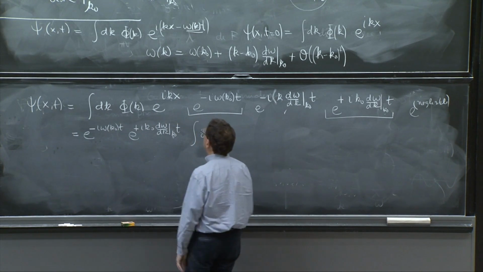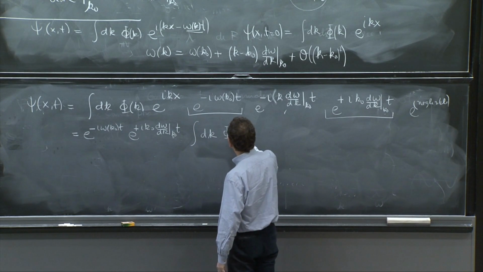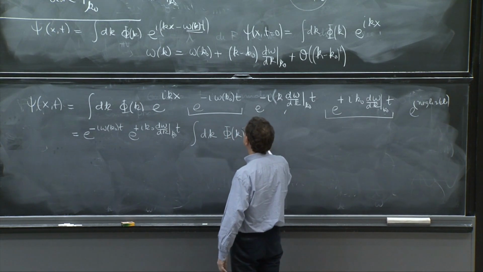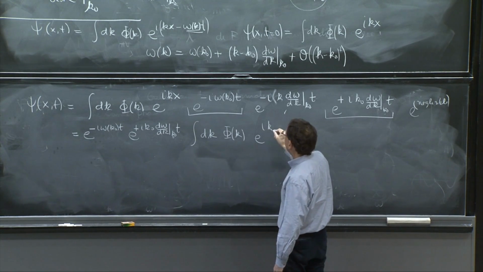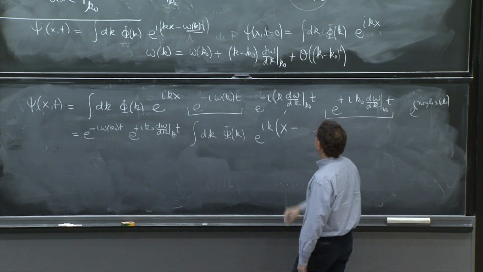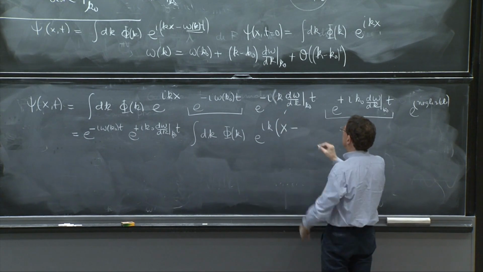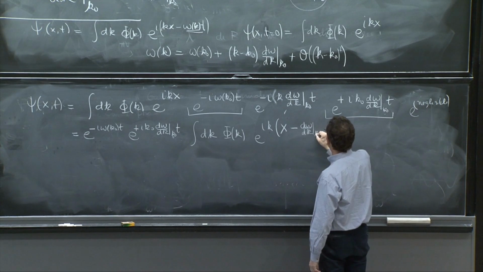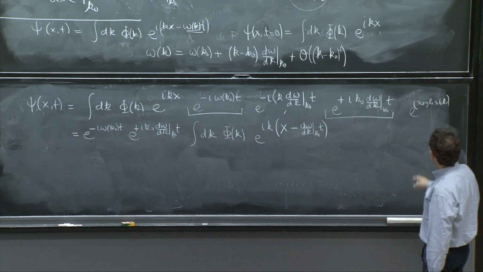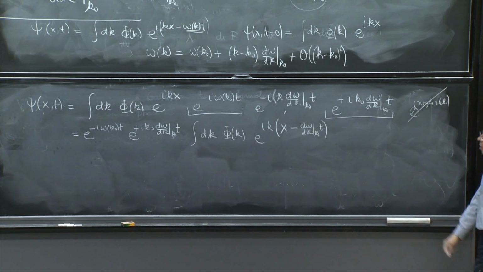Then the integral dk, and now I can put phi of k e to the i k times (x minus d omega dk at k naught times t). And I ignore this. So far, so good.